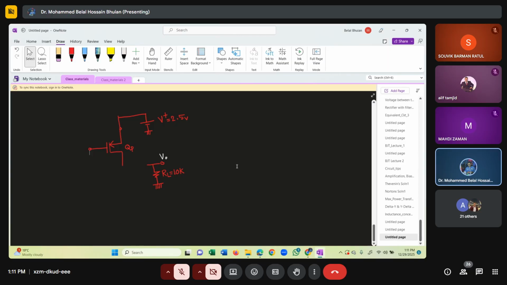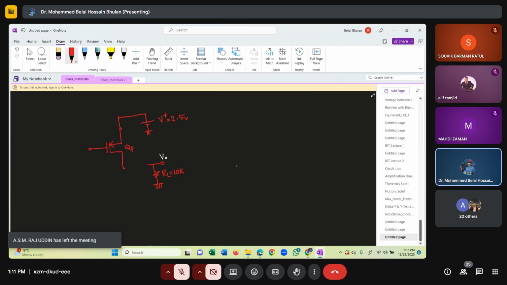You can say it looks like this. And this is our Vi, minus 2.5 volt.